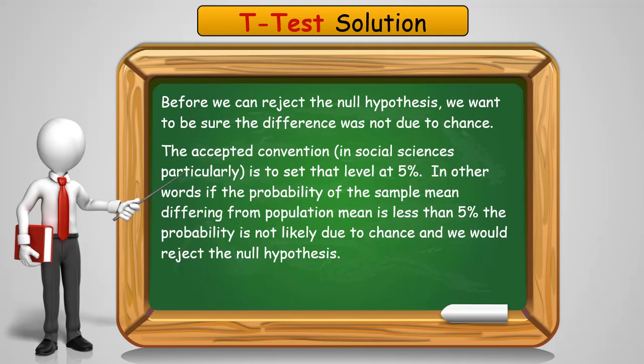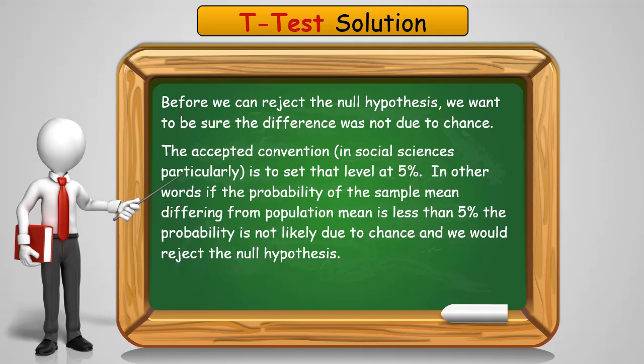Now, I'm going to use a t-test in this particular example. And the reason I'm choosing the t-test, even though I have a significant sample size, is that I do not have the entire population, so I do not know the standard deviation of the population. So just to be safe, I'm going to use a t-test.